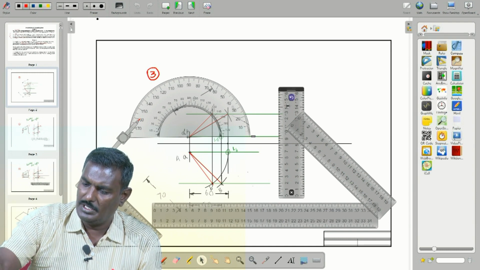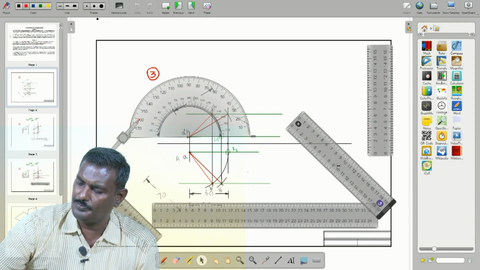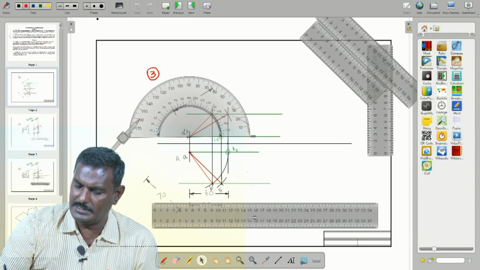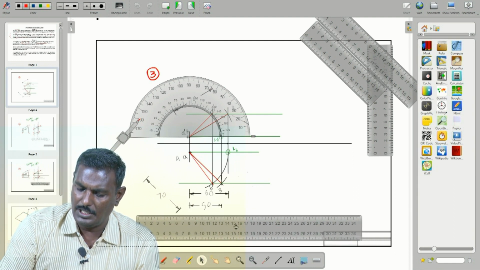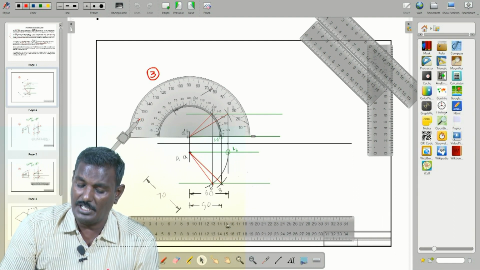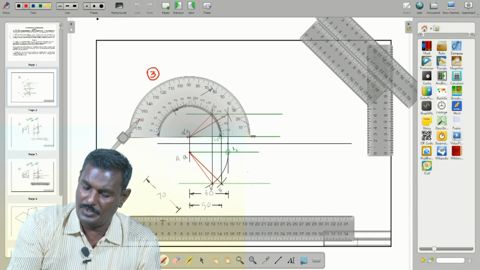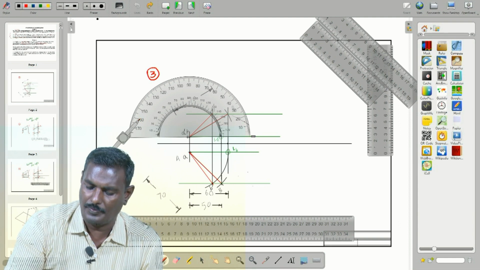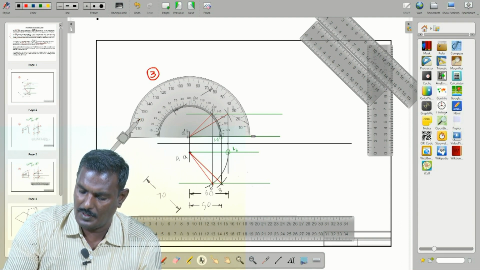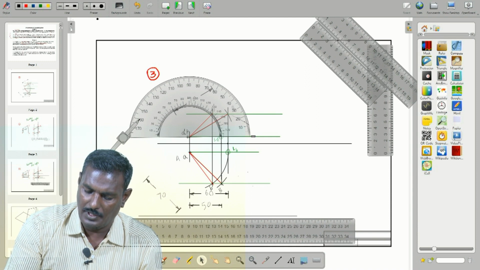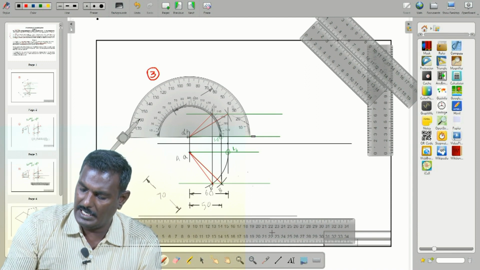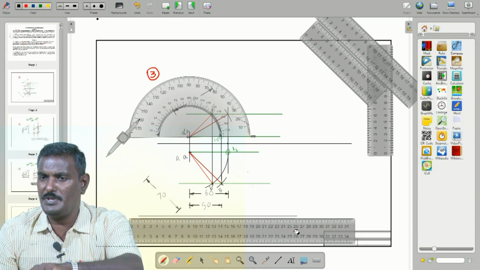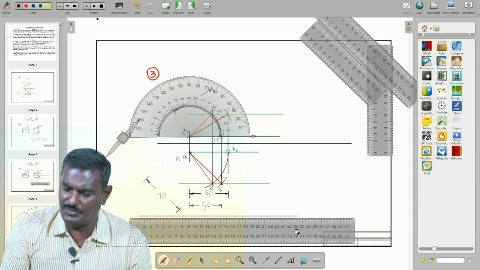I just move the other scales away from here, and using the scale, you have to draw a guideline of approximately 5 to 6 mm. Since there are two questions, with respect to HP and VP, we have to draw two guidelines.